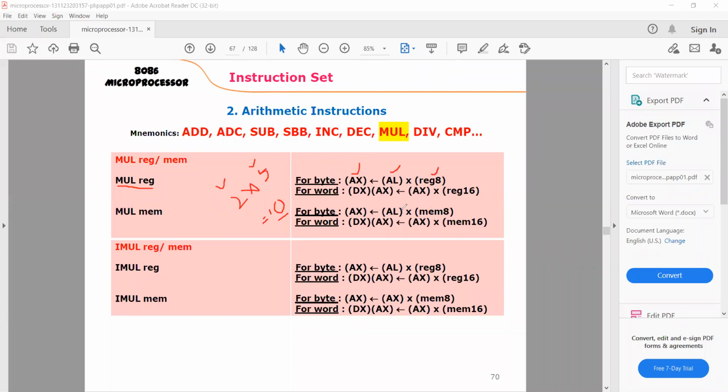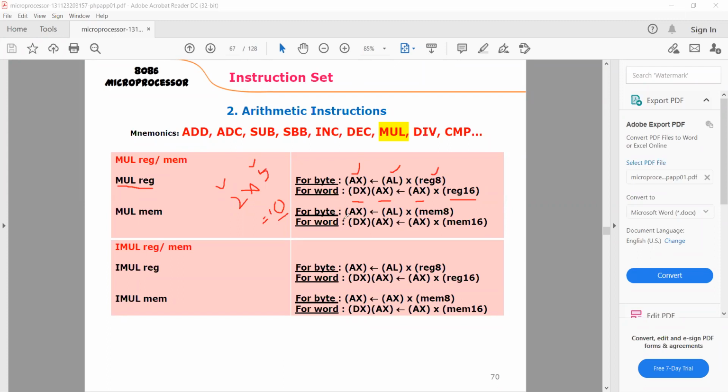If the register is a 16-bit register, the multiplicand will be stored in the 16-bit AX register. As we are using two 16-bit data that may produce either 16-bit or more than 16-bit, we use both the DX register and AX register for result storing.